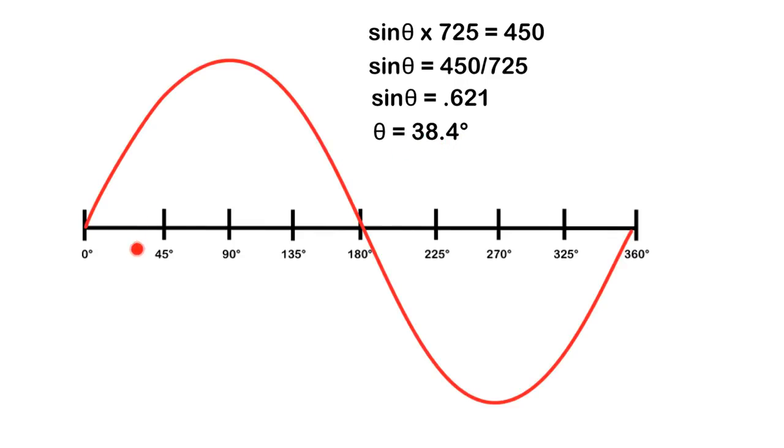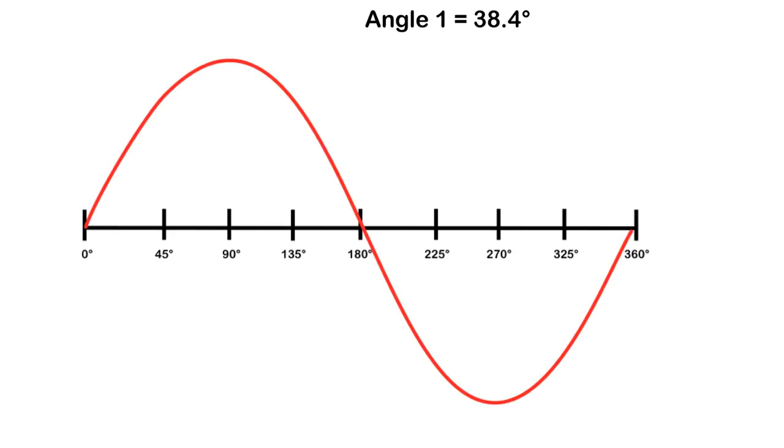So right around there, let's say, we have the value of 450 volts. Then we know if it's going to happen there, it's probably going to happen here. So if from here to here into the cycle is 38.4, from here back 38.4 should give us the same value. So our first angle is 38.4. Our second angle would just be 180 minus 38.4, which gives us 141.6 degrees.